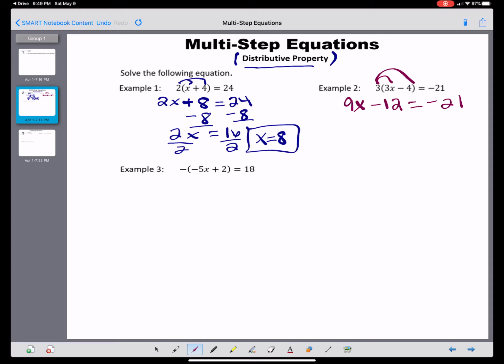I need to get rid of this negative 12, so I'm going to add 12 to both sides. I end up with 9x is equal to negative 9. Then I'm going to divide both sides by 9. x is equal to negative 1.